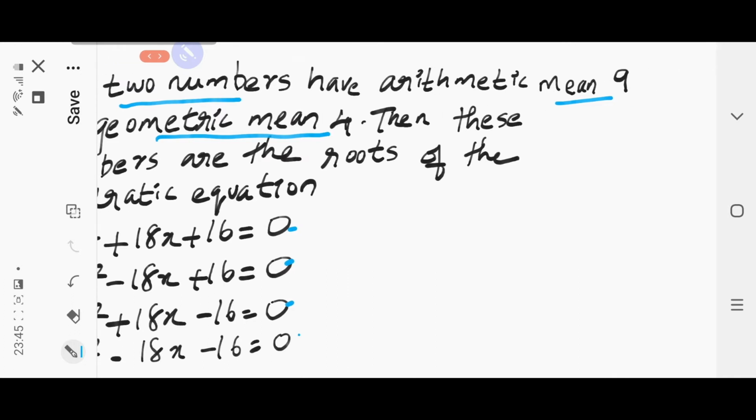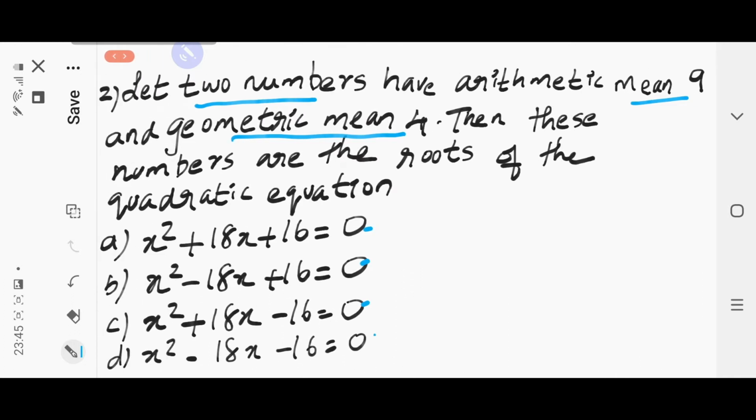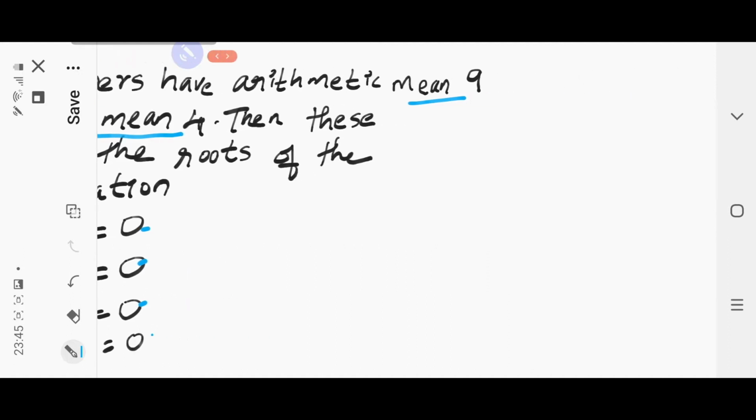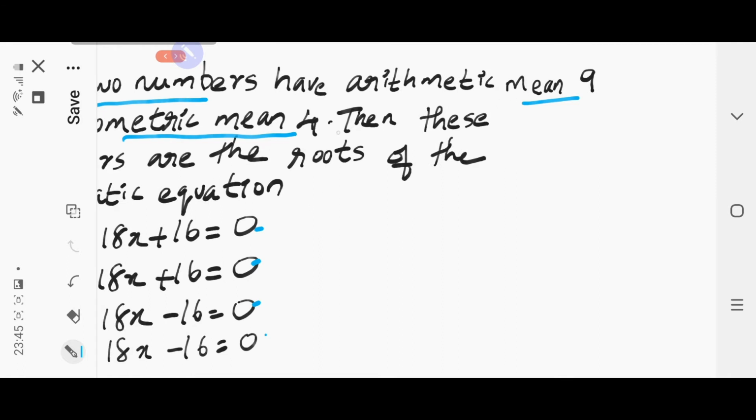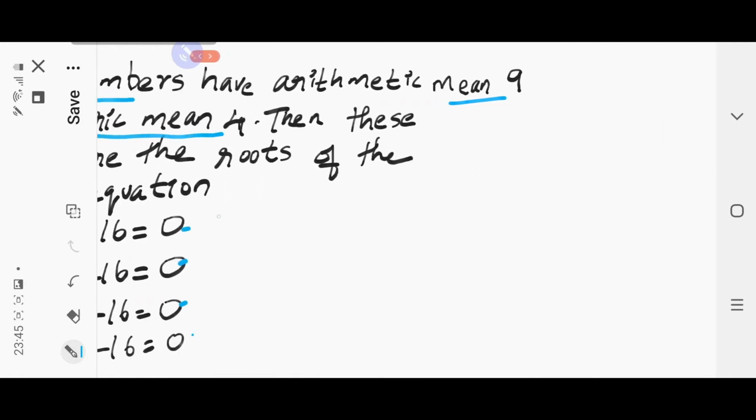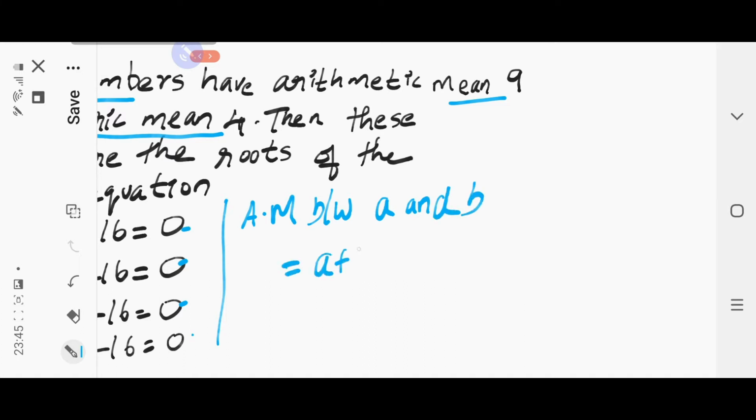You have to understand many things to do these questions. First, you should know what is arithmetic mean. Arithmetic mean between two numbers A and B is equal to (A + B) divided by 2.